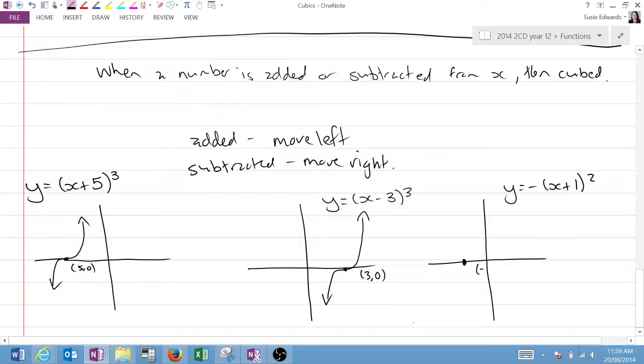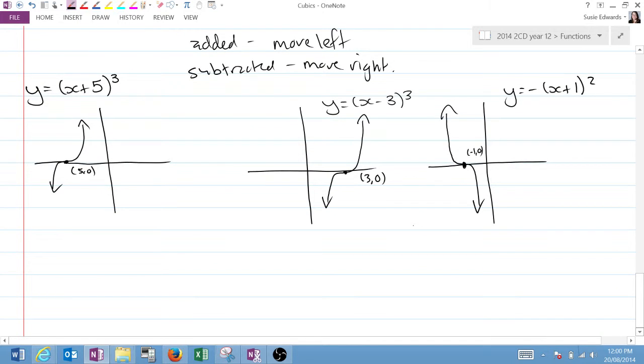So negative 1, 0. And it's inverted, so it comes from this direction now. Any questions about that?